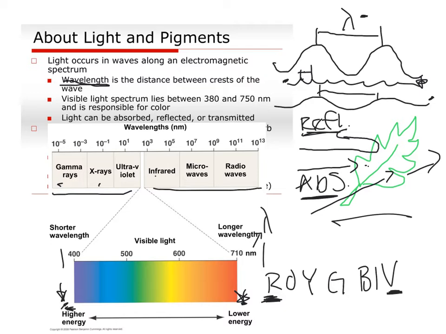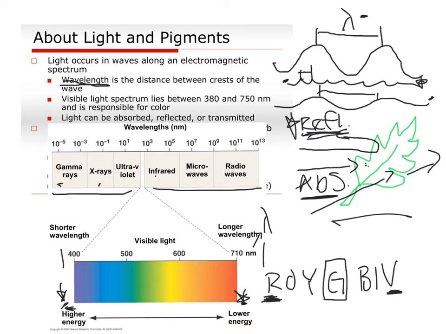So when we see a color, we see what makes it back to our eye, right? When light is absorbed, it stays right here. When it's reflected, it bounces off of the object and back into our eye. So if a leaf is green, we're seeing just the green portion of the spectrum hitting our eye after bouncing off of the surface of the object, which means green light is reflected by leaves, right?